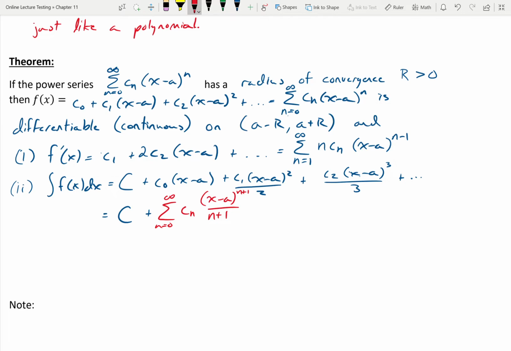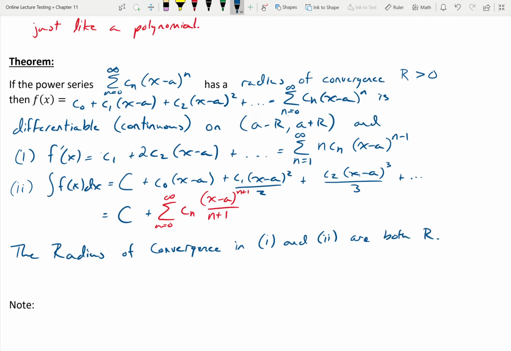All right, here's the really cool part. The radius of convergence in both 1 and 2 are both R. So it's unchanged.